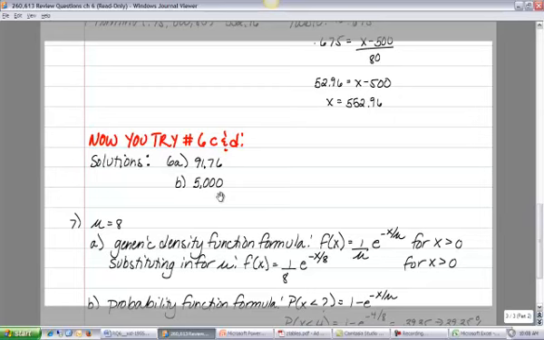What is the probability density function for the time it takes to complete the task? Probability density function literally just means plug into the probability density function formula. So here's the generic formula: f of x equals 1 over mu times e to the negative x divided by mu for all x greater than or equal to 0. Substituting in our mu of 8, it's 1/8 times e to the negative x over 8, for all x greater than or equal to 0.